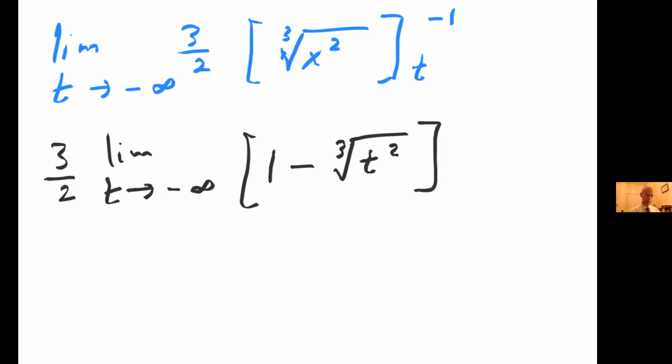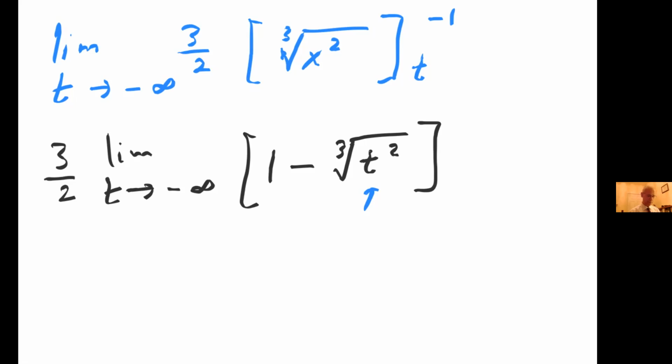So what happens in here as t is approaching negative infinity? t squared is approaching positive infinity, and the cube root of positive infinity is positive infinity, because as t is getting larger and larger, t squared is getting larger and larger, and the cube root of that is getting larger and larger.